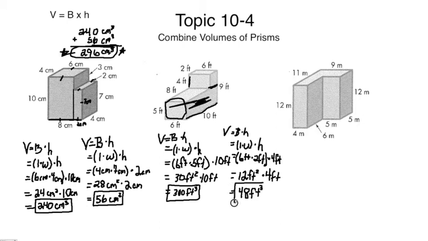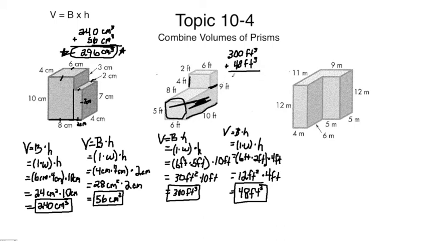I'm going to box that now. I'm going to come up here and add both rectangular prism volumes together. So we have 300 feet cubed, add it to 48 feet cubed.